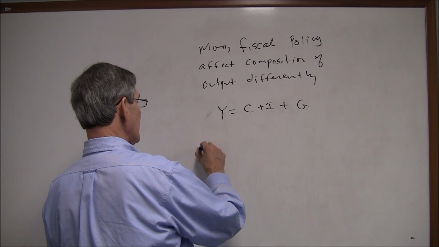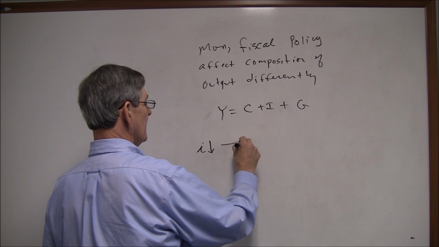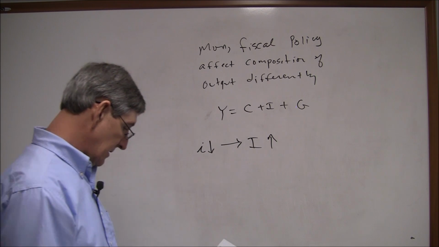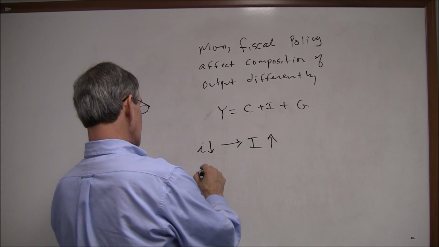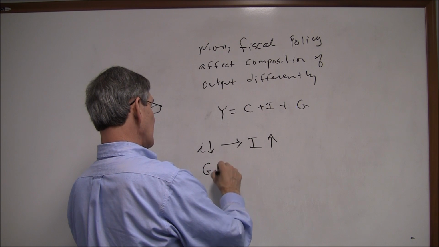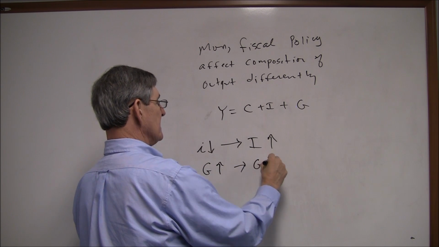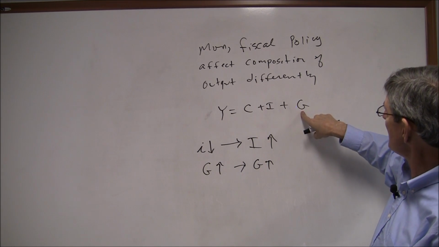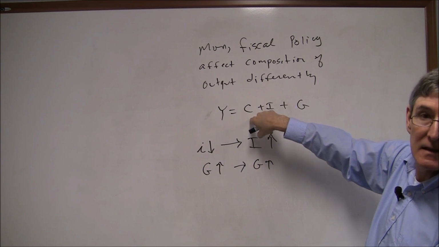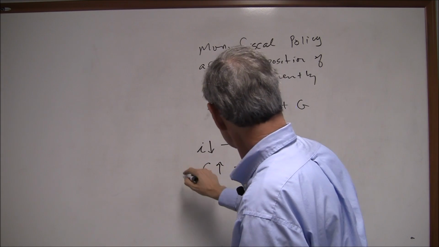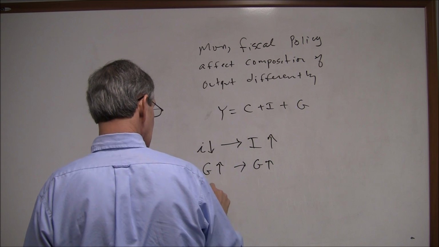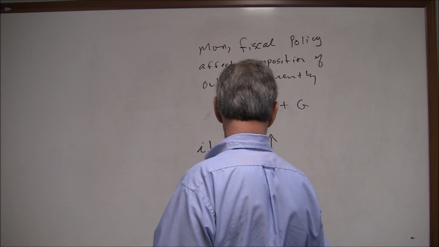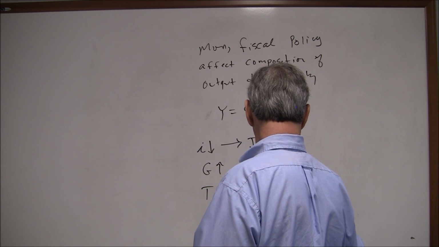When the interest rate goes down, that causes investment to go up. When government spending goes up, that's G up. And so in that case, what's happening is that you're increasing I and G relative to C. But if you were to instead use a decline in taxes, that's going to cause consumption to go up and investment to go up.